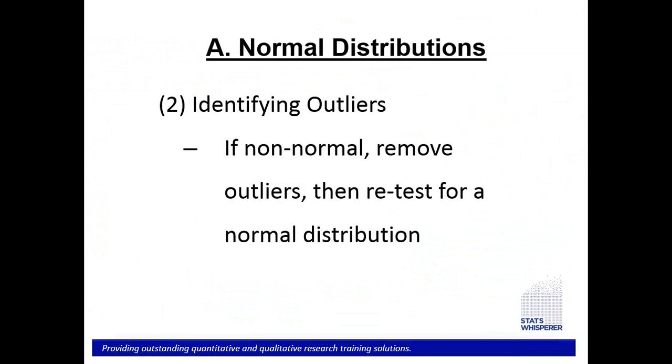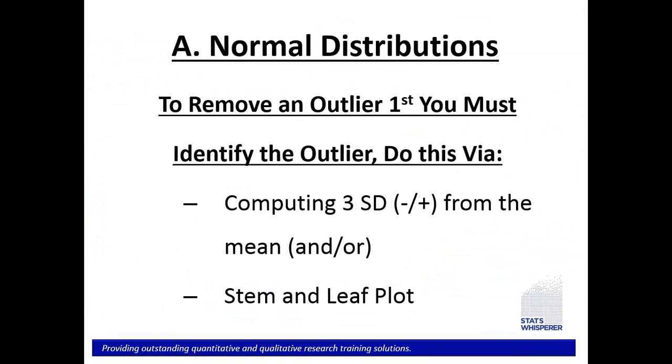So one of the ways to deal with that would be to identify outliers. If it's not normal, you could always remove the outliers, then retest the variable to see if the distribution is now normal. So you have to identify your outliers before you can remove them. There's a couple of ways of doing it.